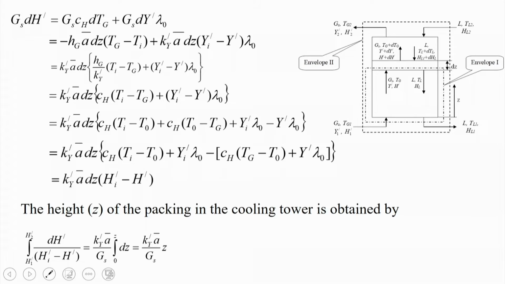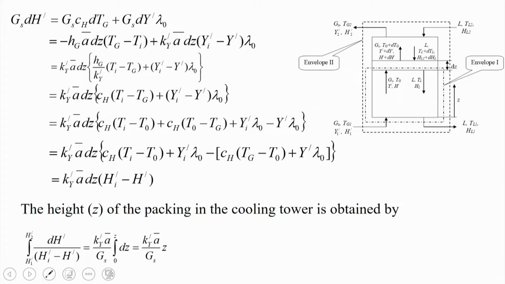And now we will be getting the height of the packing in the cooling tower by integrating this equation with respect to the enthalpy values, that is dH prime by (Hi prime minus H prime), integrated from H1 prime to H2 prime, that is from the bottom of the tower to the top of the tower.